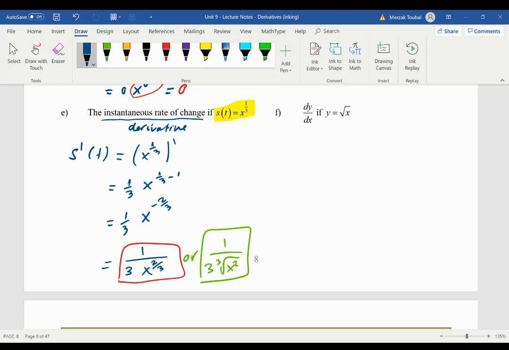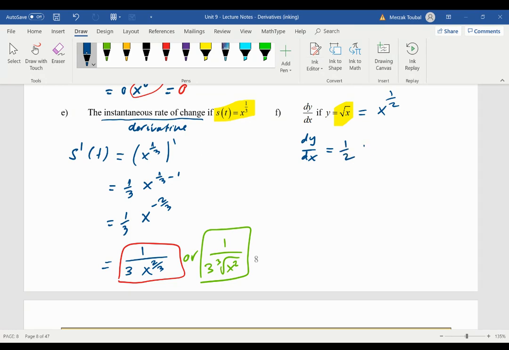Example F, dy dx. I would like to first write this as x to the 1/2, because we don't have to take the derivative of square root of x without going through the power rule. So we know that the square root of x is x to the power of 1/2. Now we just apply the power rule on this.